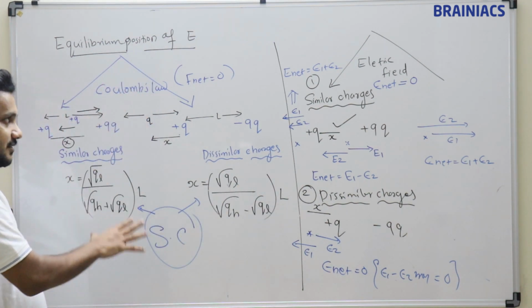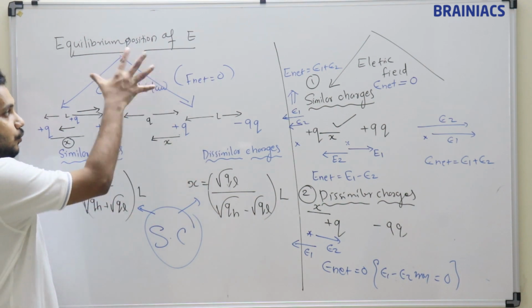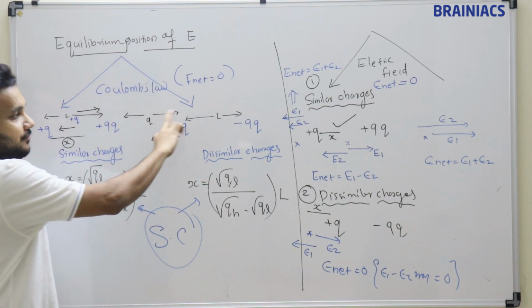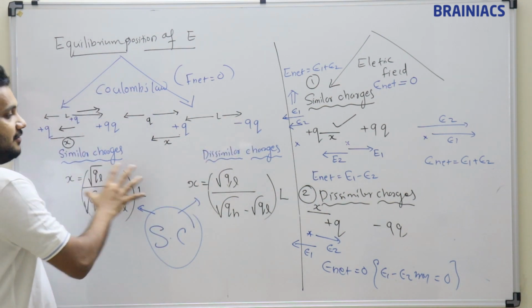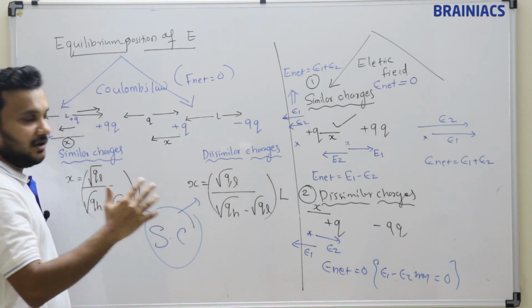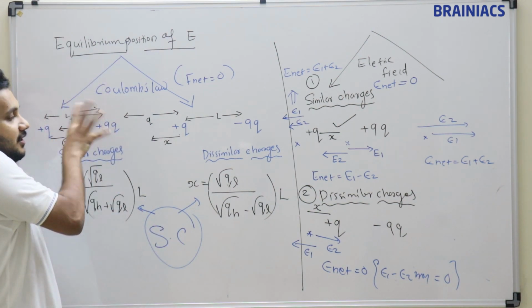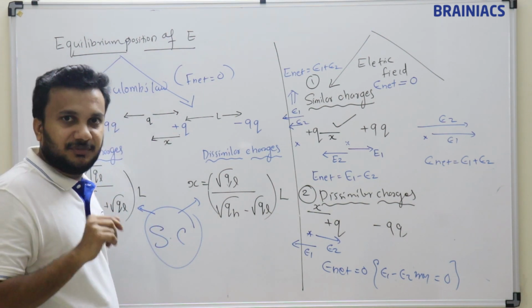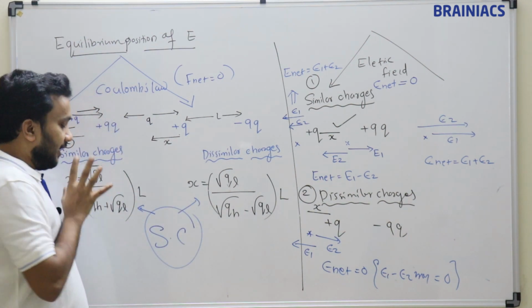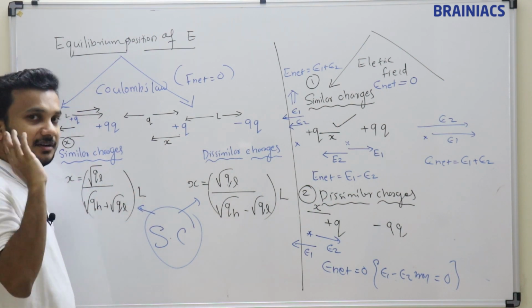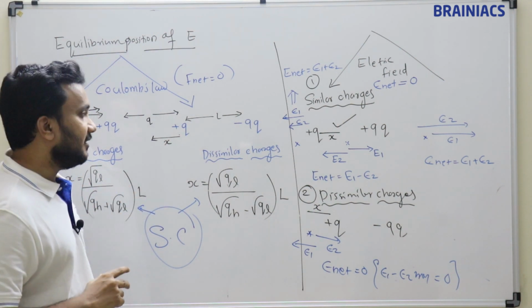As a summary, for the Coulomb's law equilibrium positions for same charges and for different charges, we have a shortcut formula. You know how it is derived, in the previous session of the video, where I also told these two shortcut methods. Remember the shortcut method, it will save a lot of your time while writing the examinations.